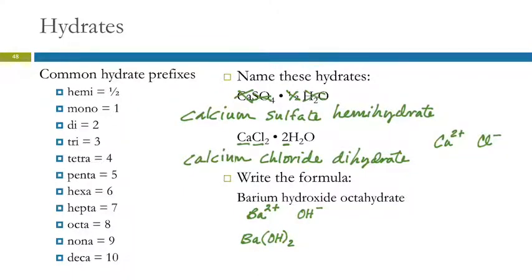And it's 1 to 2 because of the charges. And then I'm going to put a dot, and the prefix octa means 8. So 8, that's a regular sized 8, followed by the formula for water, H2O. Barium hydroxide octahydrate.